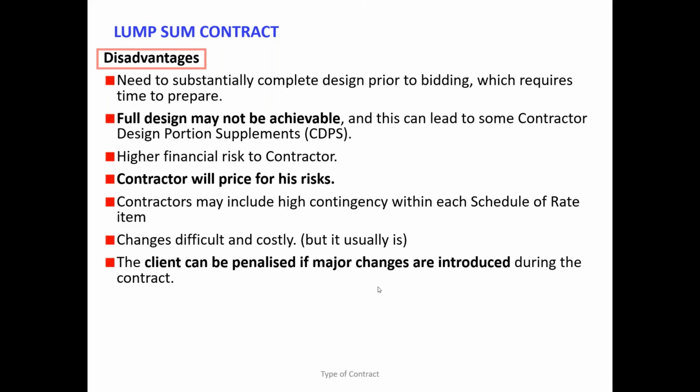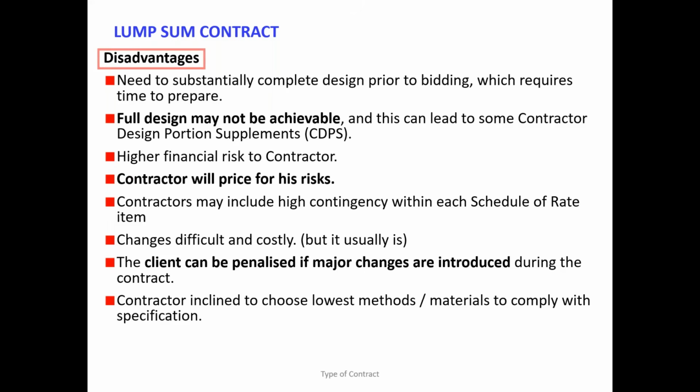Otherwise, you don't go for a lump sum. And for quality of the work, you have to have a very good performance specification, QA/QC procedures, and all these things properly in place. Otherwise, the contractor will go for the lowest possible methodology to deliver the project.